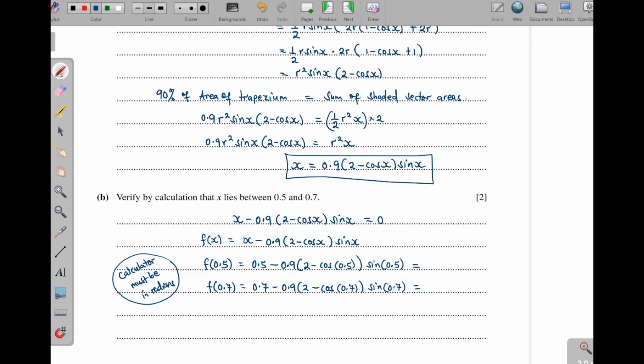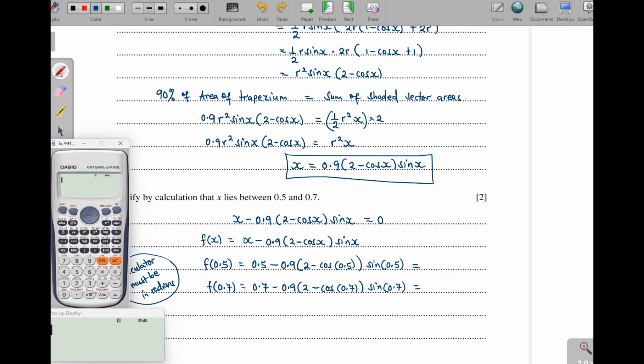Very important. Then let's put in the calculator and we see one of these should give us a negative and then the other a positive. My calculator is already in radians, so I just proceed: 0.5 minus 0.9, then times 2 minus cosine of 0.5, then sine of 0.5.